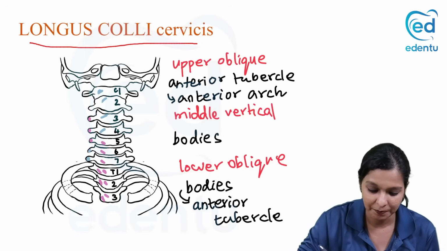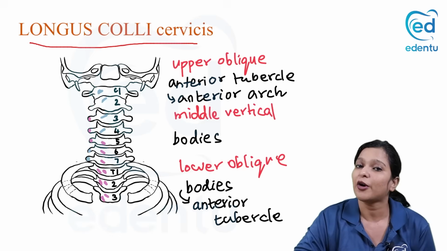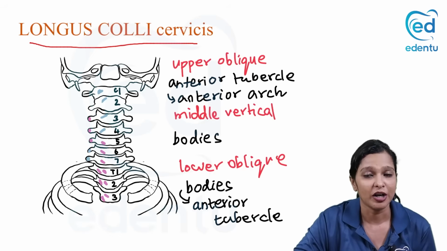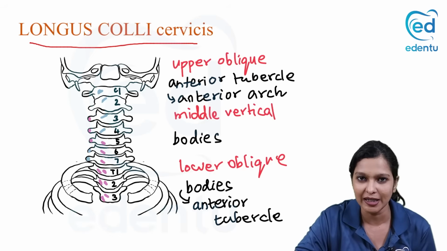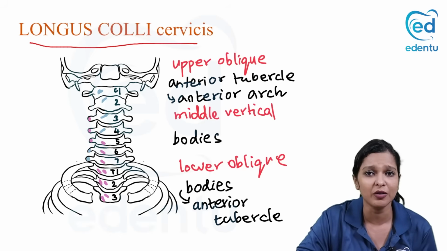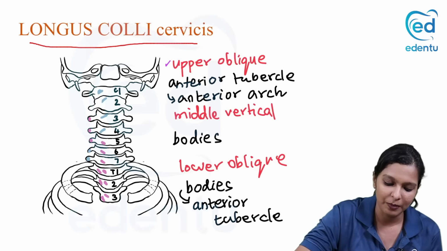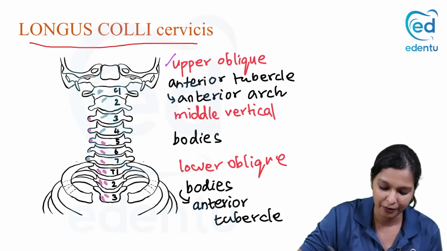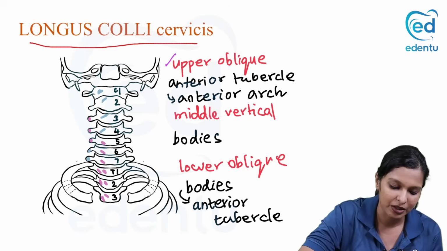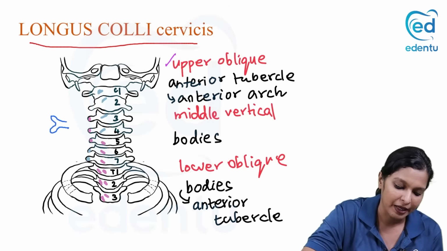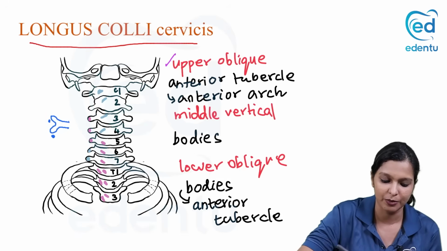For any muscle, we should know about the origin, insertion, nerve supply and action. So first we'll look at the origin and insertion of each part. The upper oblique part will originate from the anterior tubercle. I told you the tips are bifid, right? So this is the anterior tubercle and posterior tubercle.